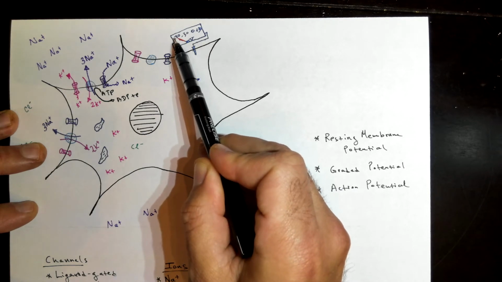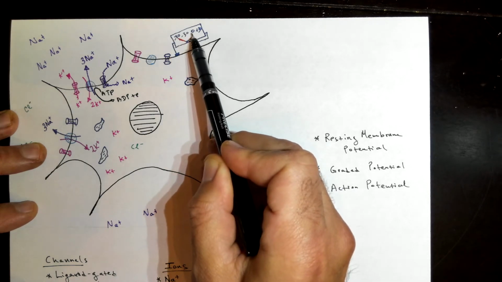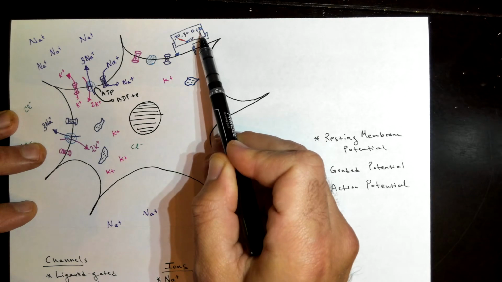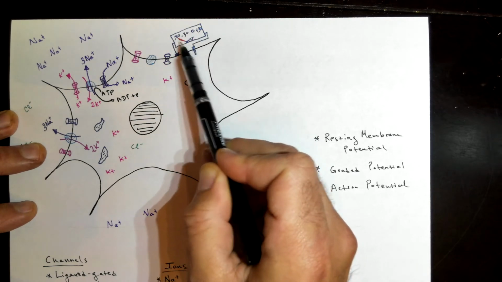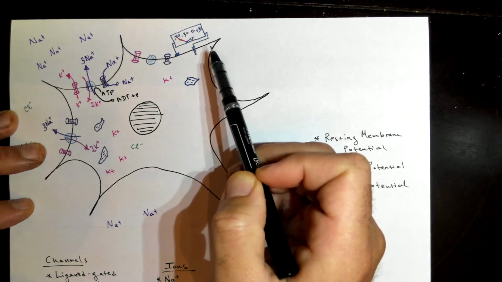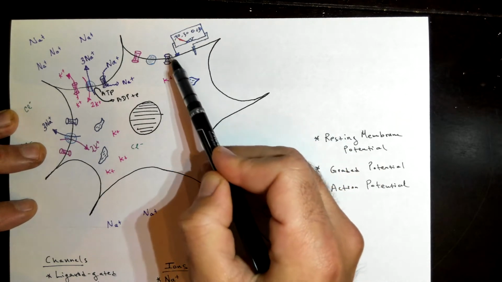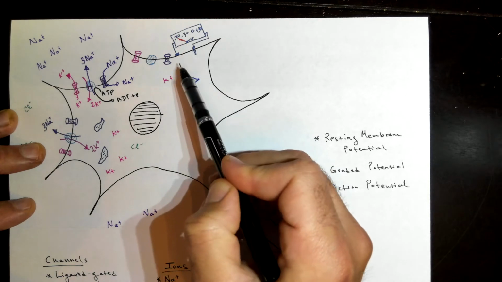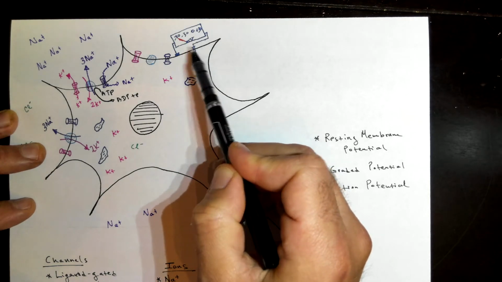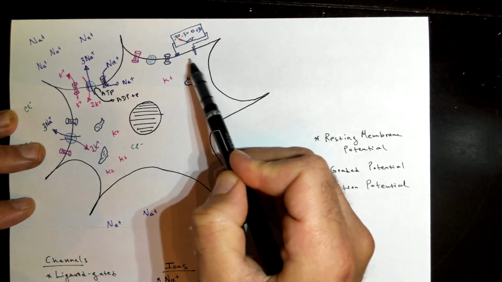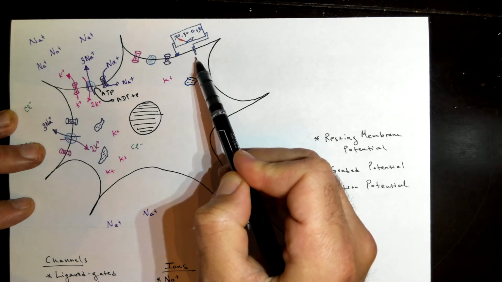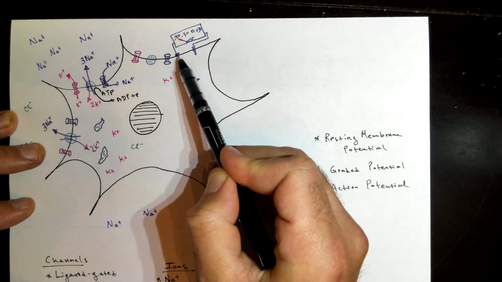There's a minus 70, there's a minus 30, there's a 0, and there's a plus 30. We're going to zoom into this so you can see the details a bit better in a second. But for right now, just realize that this voltmeter is going to tell us what the voltage is on the inside of the cell with this sensor versus the outside.